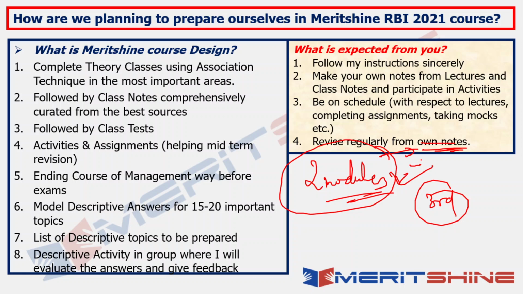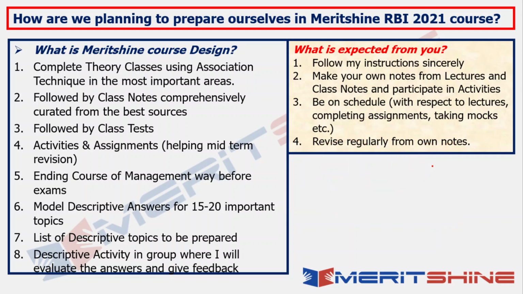So if you revise them, you would not forget them. Obviously, linkages and the association techniques would definitely help. But still, repetition has its own value. Okay? So this is what the design of our course is, and this is what your responsibility is. So if you doubt that you will not be able to do this, don't join our course.